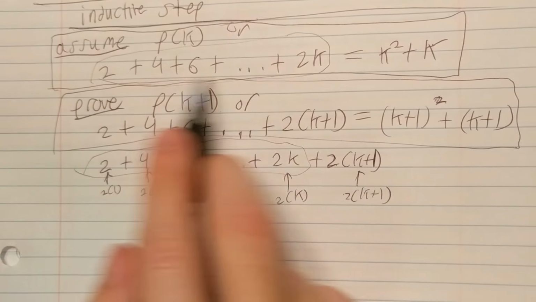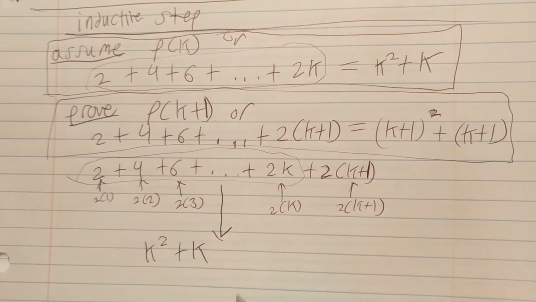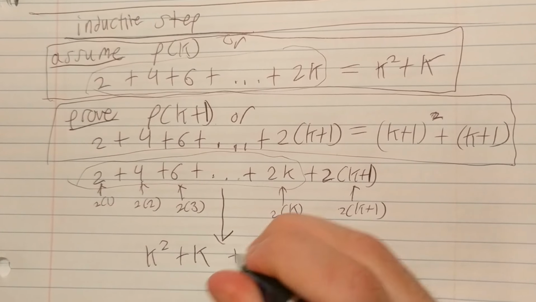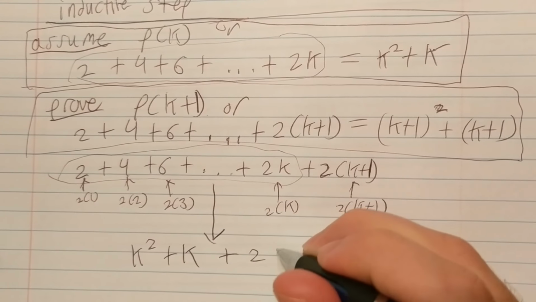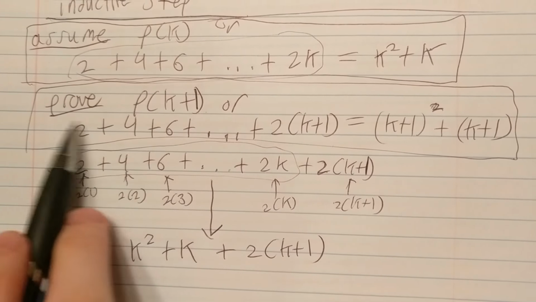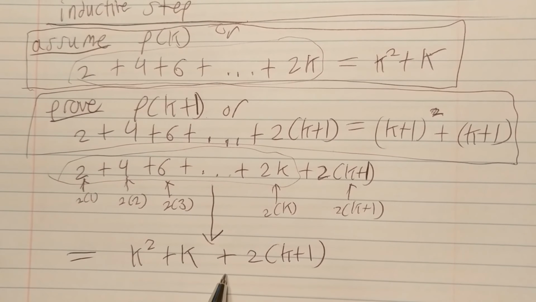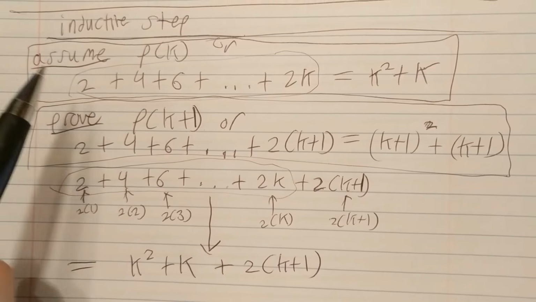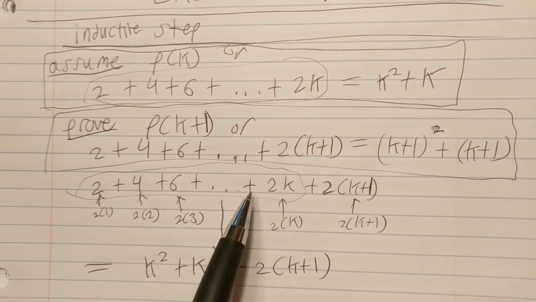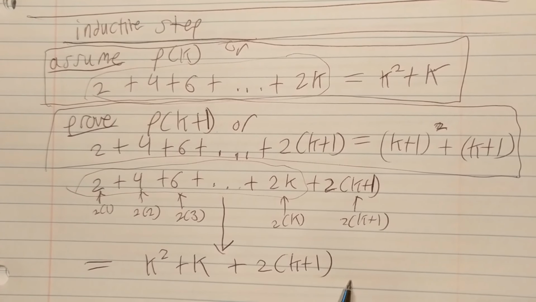All of this is equal to k squared plus k, so we could substitute k squared plus k for all of that, plus 2 times (k plus 1). So basically, this left-hand side that we're trying to prove is now equal to this, and the way we got from here to here is by substituting the inductive hypothesis into the left-hand side of what we're trying to prove, and we end up with this.